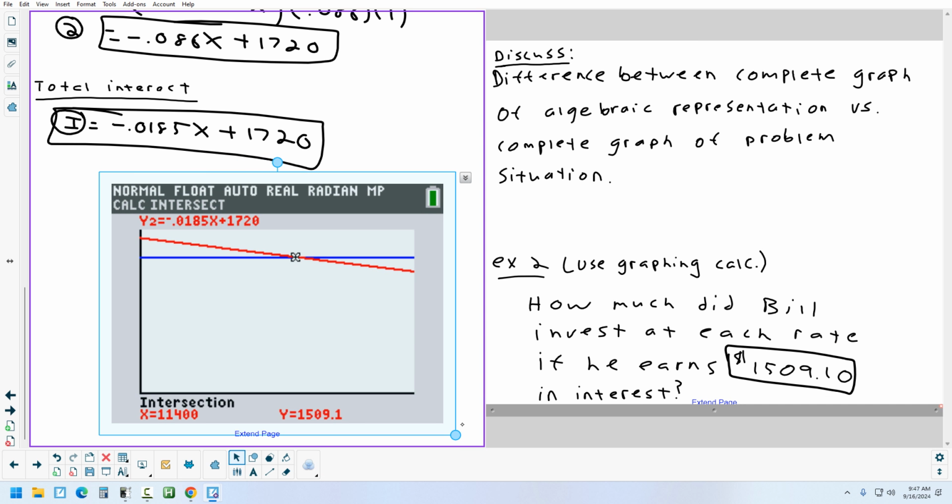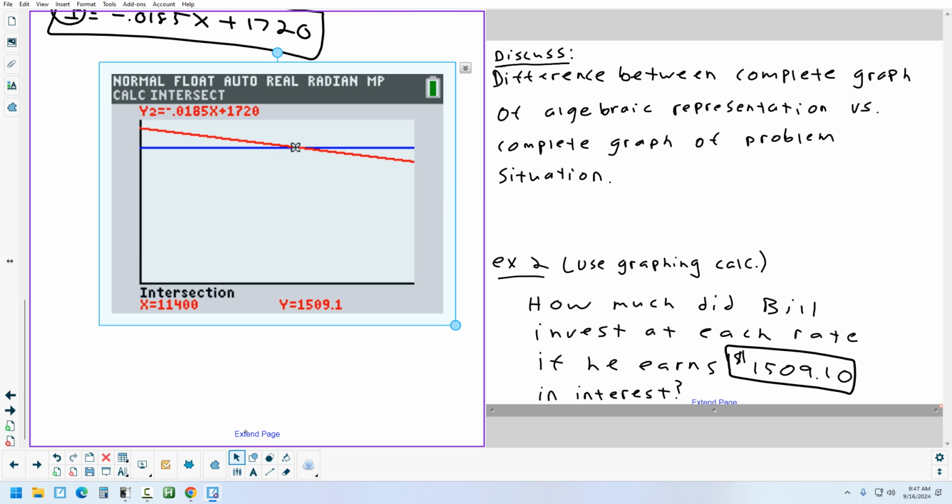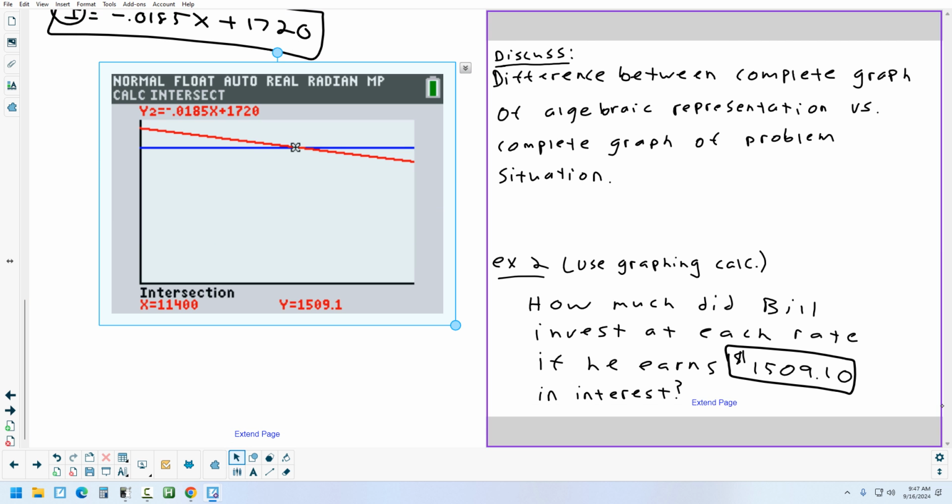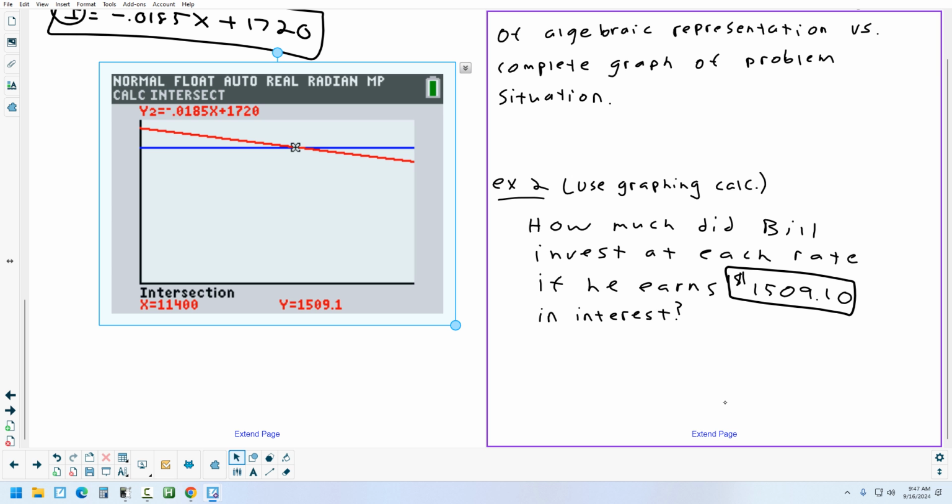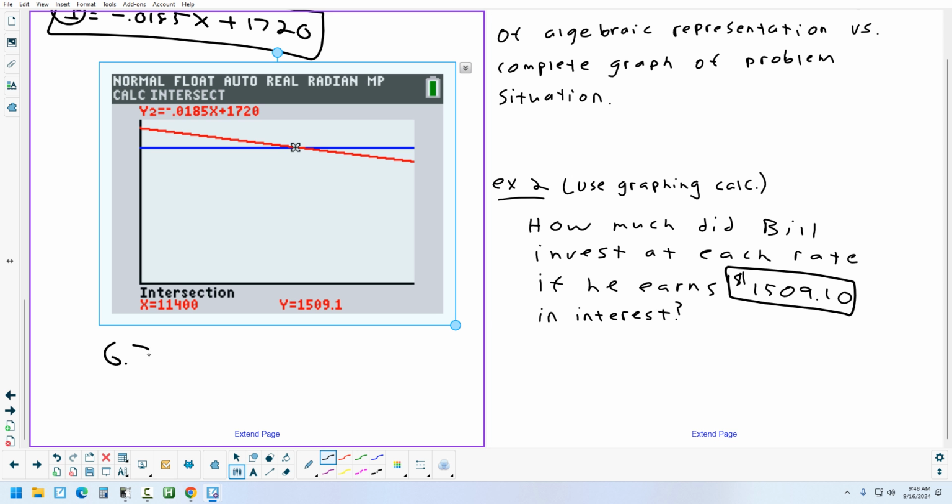Okay, so we have the information we need, but now we have to answer the question. How much did Bill invest at each interest rate? All right, let's start with the first one, 6.75%. How much money was invested at the 6.75%?